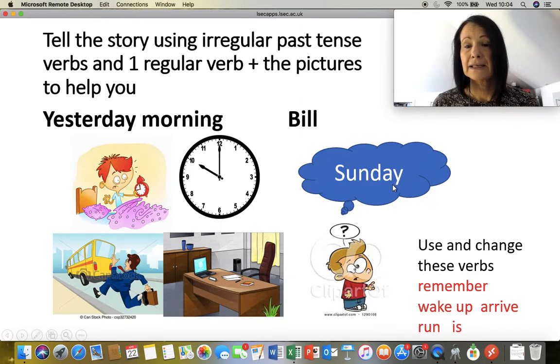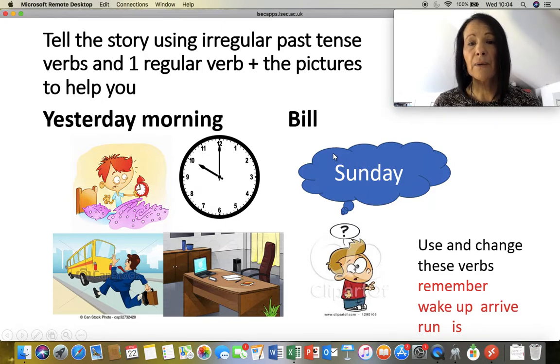Sunday. So it's going to be different, whoever watches this. It's going to be different depending on the day that you are watching this. But we are all going to imagine now that it is Monday. So that yesterday was Sunday. Do you understand?